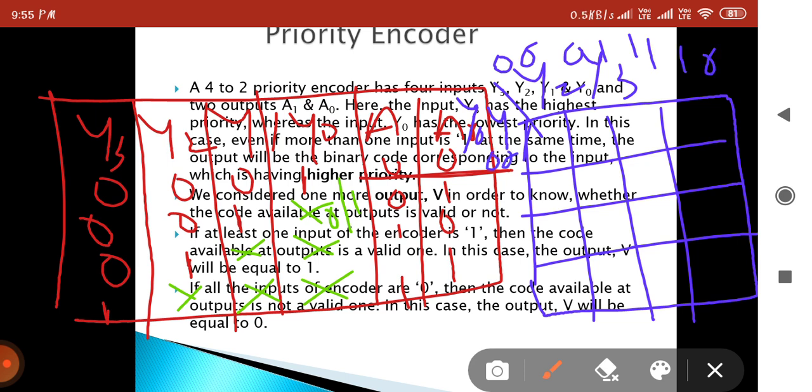Same, 0 0, 0 1, 1 1, 1 0. 0 0 0: this is Y3 Y2 is 0 and Y1 Y0 is 0. Output is 0. Correct. I'm going to write that one.